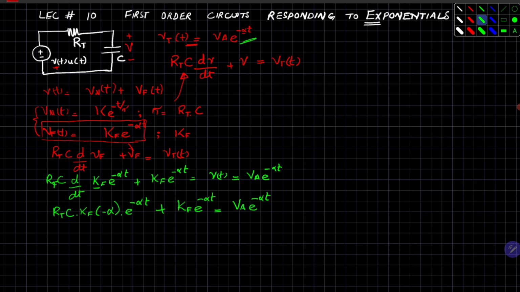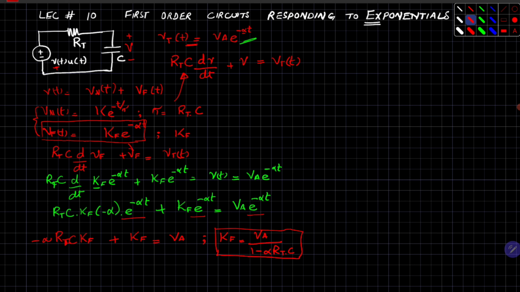As you can see, e raised to power minus alpha t is included in every term of the expression, so we can cancel it out. So we are left with R Thevenin times C into Kf and minus alpha plus Kf is equal to Va. So our Kf becomes equal to Va over 1 minus alpha R Thevenin times C. This is the Kf evaluation.